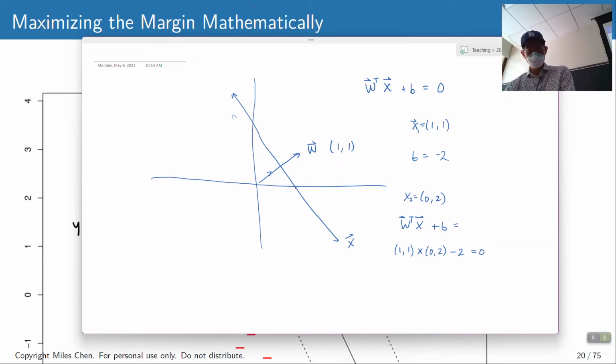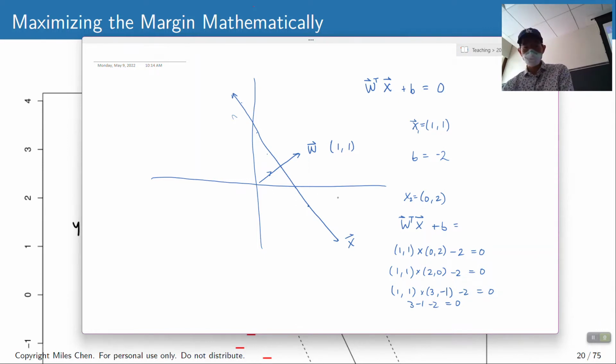And then I could also take the point 2, 0, minus 2, which also equals 0. Even further along, this point would be 3, negative 1, so 3 minus 1 minus 2 is equal to 0. Basically, all the points x that satisfy this equation define this plane, this line, this hyperplane. Does that make sense?